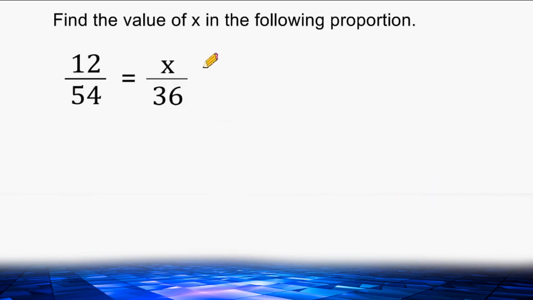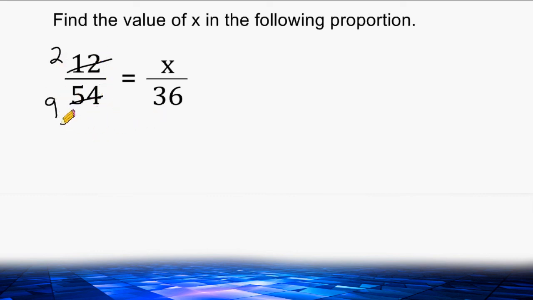Now, there is one more way that we can solve this proportion. However, this method doesn't work with all proportions, so this is not applicable to every proportion that you will see. 12 and 54 is a fraction that can be reduced by a factor of 6. So if we divide the 12 by 6, that is a 2. And if we divide the 54 by 6, that is a 9. So 12 over 54 can be reduced to 2/9.